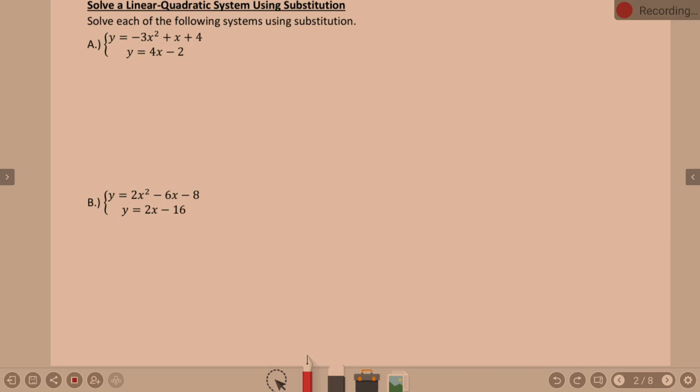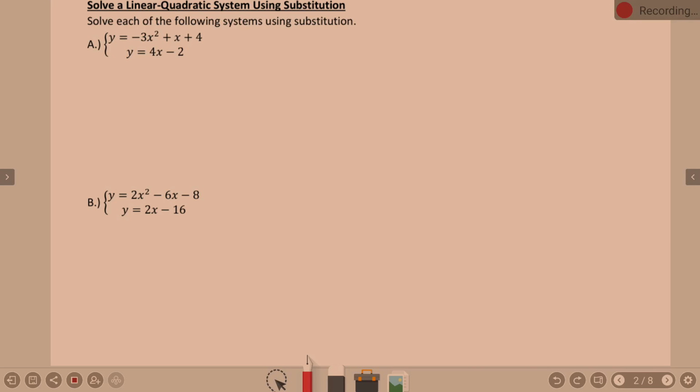We have two y equals. If both equations equal y, what does that mean about those two equations? One of them equals y, the other equals y. That means they both equal the same thing, right? If they both equal y, they equal the same thing, which means we can take these two equations and put them equal to each other.